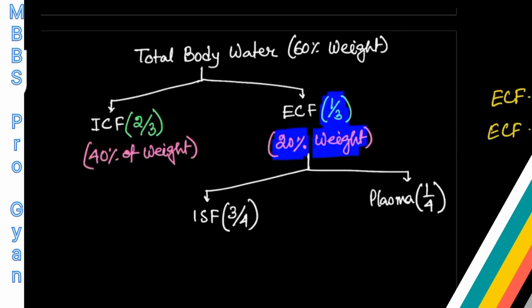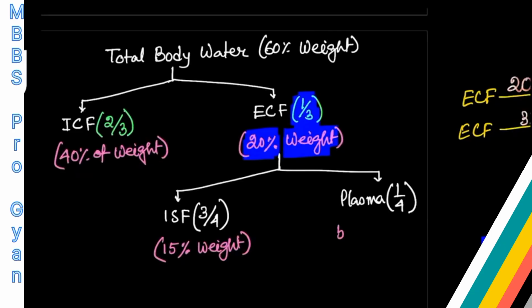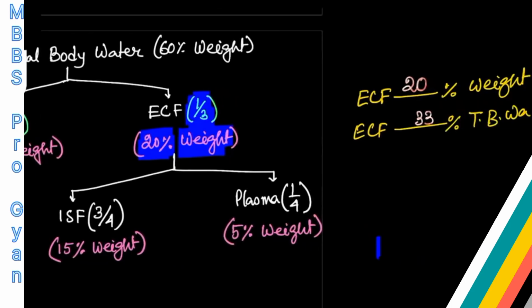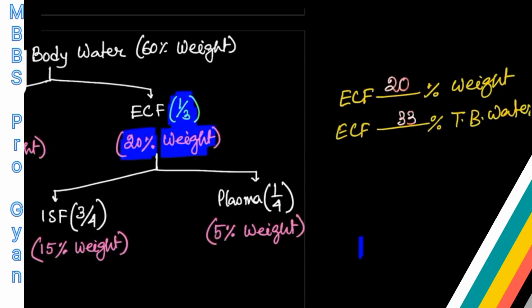Now if I write according to the body weight of the person, then interstitial fluid is 15% of the total body weight, and plasma is 5% of the total body weight, right?